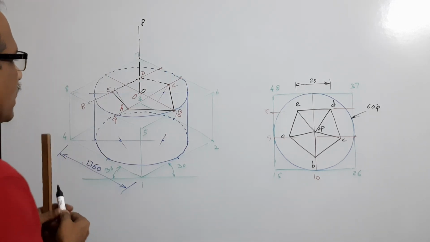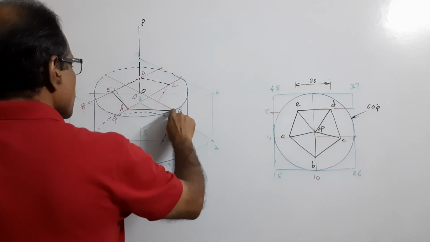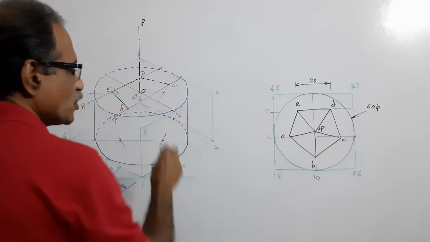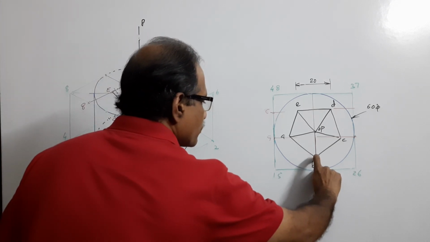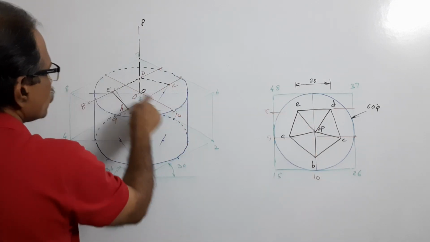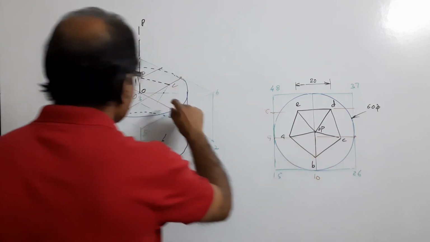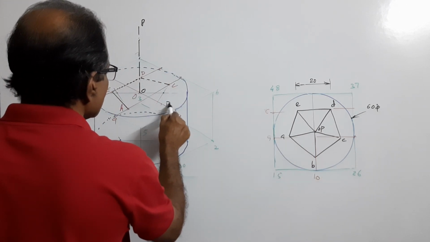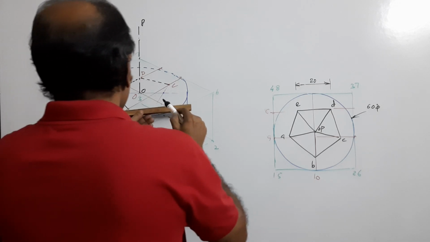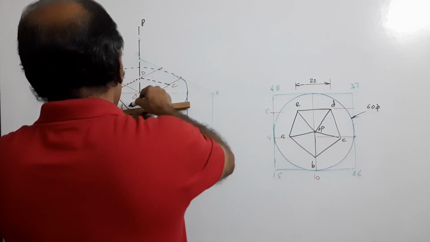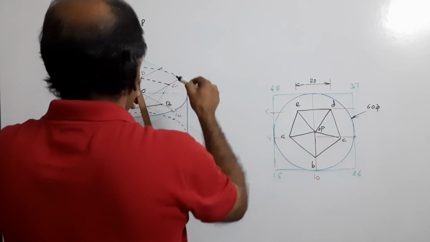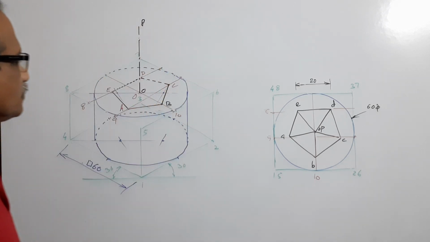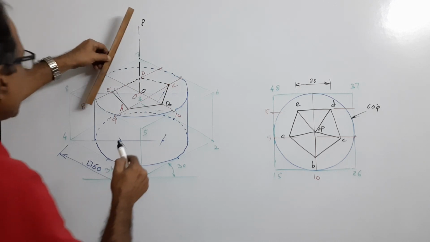Oh, sorry, I made a mistake. This is not B. Where is B? B is this far away on the line through 10. Take the distance and mark. This is B. So, AB by firm line and BC by firm line. Connect them to the apex.